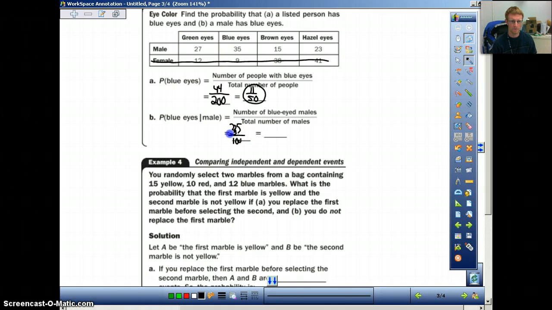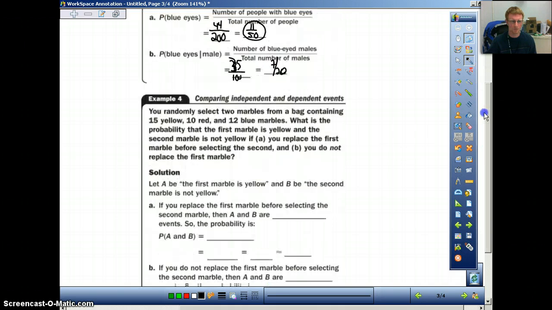So it's 35 over 100, and that reduces down to 7 over 20. With conditional probability, it's pretty much telling you what you can get rid of, because we're only trying to find the probability of blue eyes, knowing that it has to be a male. All it does is eliminate some of our possibilities, so the probability actually goes up.